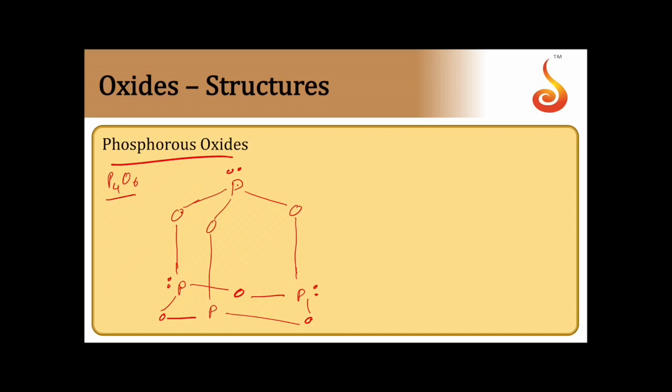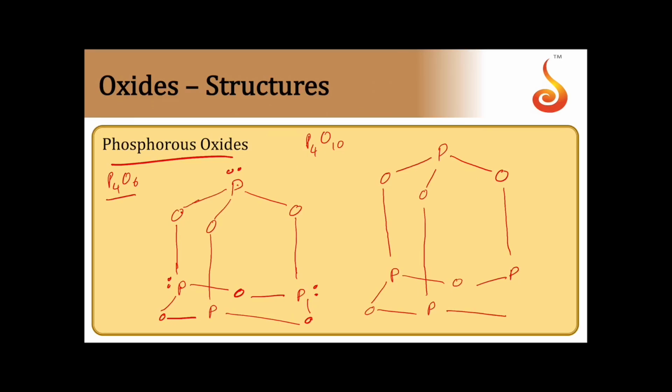When you take phosphorus pentoxide, which is P4O10, we have a similar structure: phosphorus, oxygen, and here also phosphorus atoms. There is another P-O-P bond between these two, one more P-O-P here, one here, and each phosphorus has one double bond to oxygen, one double bond here, one here, and one here. This is the structure of P4O10.